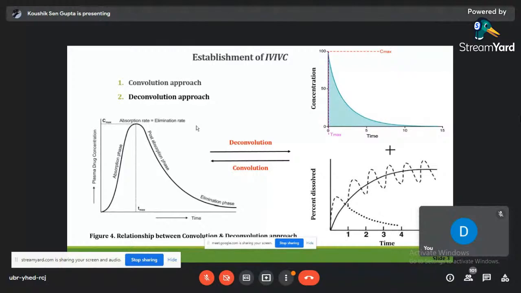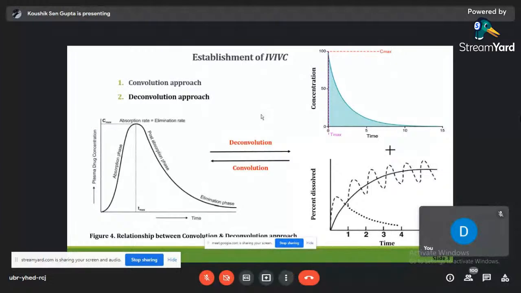If you go to the deconvolution approach, that means you have to feed the dosage form to human volunteers. It requires several ethical permissions, all these formalities you have to follow, and it is also a time-taking process. Is it not? Clear these things.